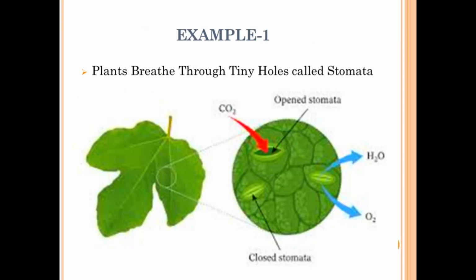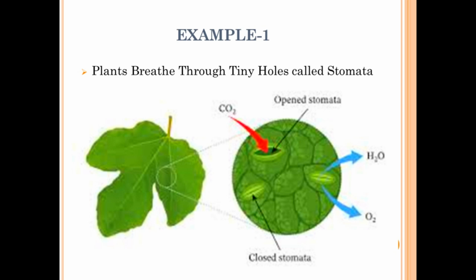Example 1. Here, this is the respiration of plants. Plants breathe through tiny holes called stomata. You can see the picture, the leaf of a plant showing stomata. Some stomata are closed while a stomata is open.